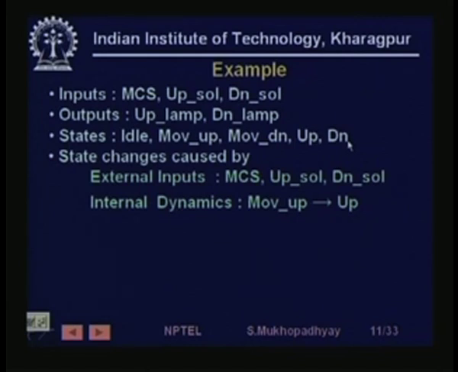And if the up solenoid is pressed and the system is in the down state, then it will go from the down state to the moving up state. So these are cases where a state change is caused by an input. We'll presently draw a diagram.